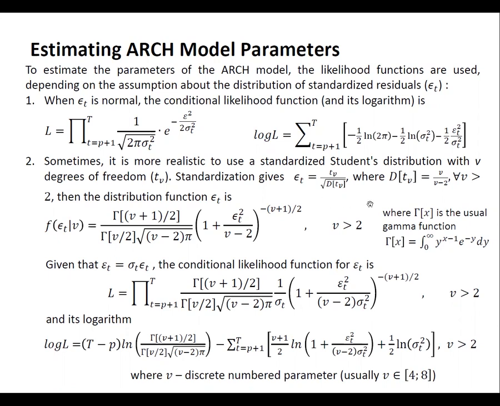the variance is indefinite. Accordingly, in order to get standardized errors with mean 0 and variance 1, we can take only the Student's distribution with more than 2 degrees of freedom. And in order to standardize this value, we must divide the Student's variable by its standard deviation.